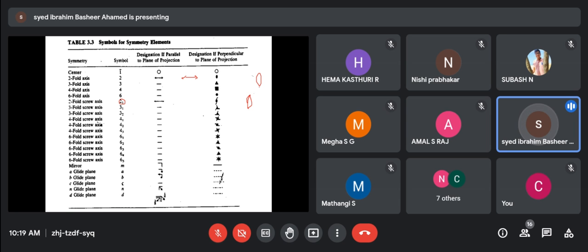A normal oval represents the two-fold axis, but a slight extension indicates a screw axis. Similarly for the 3-fold, 4-fold, and so on, and for the hexagonal, you can see here. So these are different symmetry elements. Okay. So with this, I stop here.